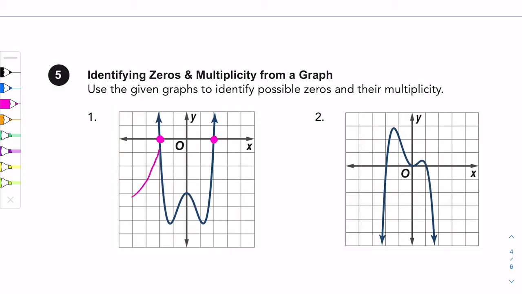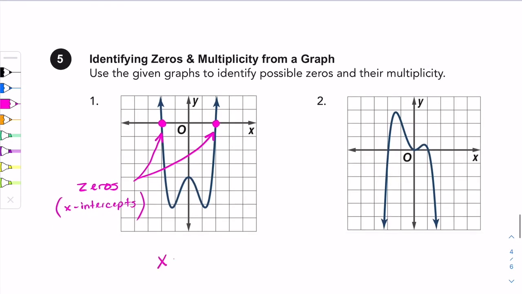We can either call these zeros or we can call them x-intercepts. I know that one of them happens at x equals -2, and I know that the other one occurs at x equals +2.